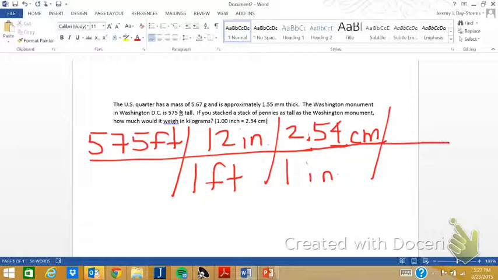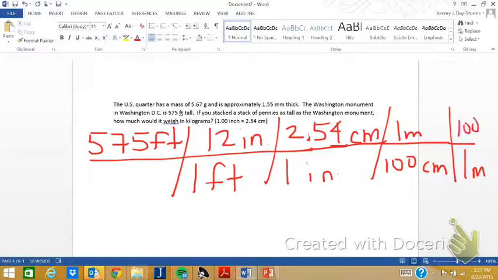Now, you may know that 1 centimeter has 10 millimeters in it, but let's say that you didn't know that. The way that you can convert that is there are 100 centimeters, because centi means 1/100th, for every meter, and that 1 meter has 1,000 millimeters.